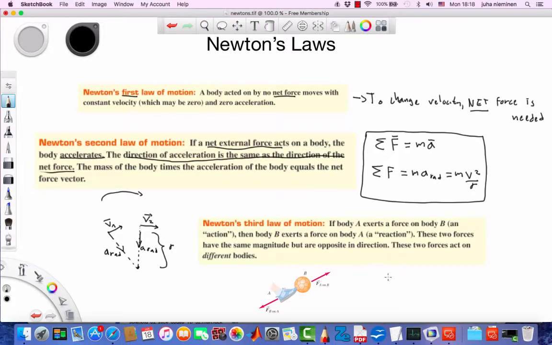So basically what is said here is that if there is this force of A on B, this arrow here, there will be an equal but opposite force exerted by B on A, the foot in this case.